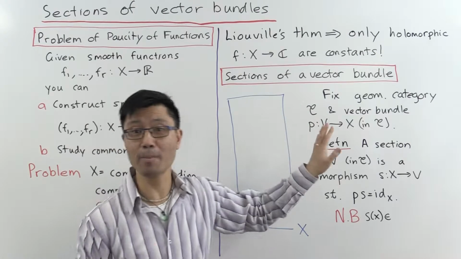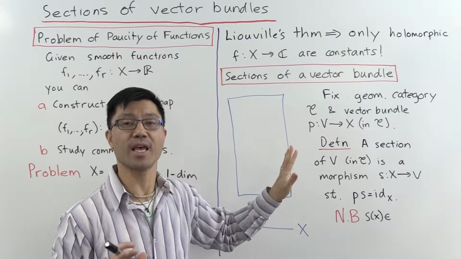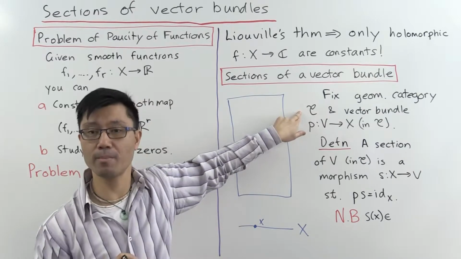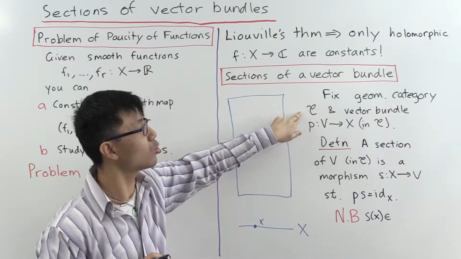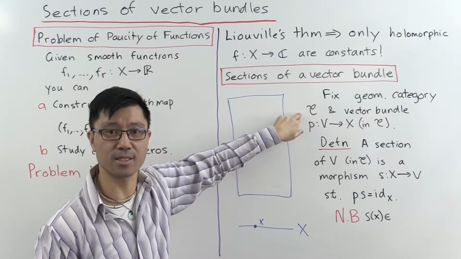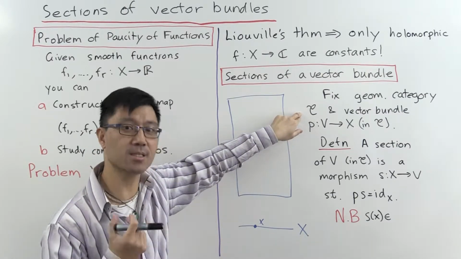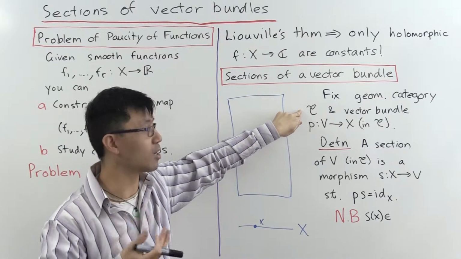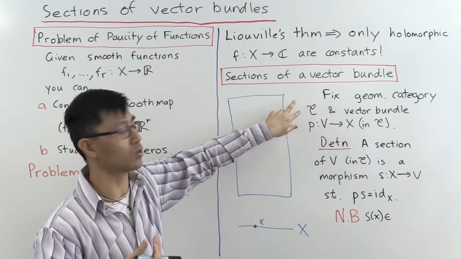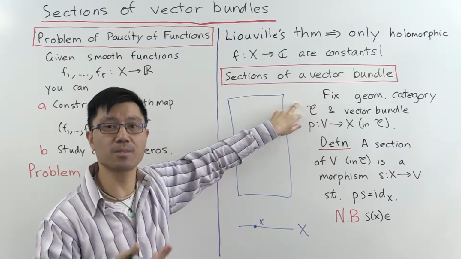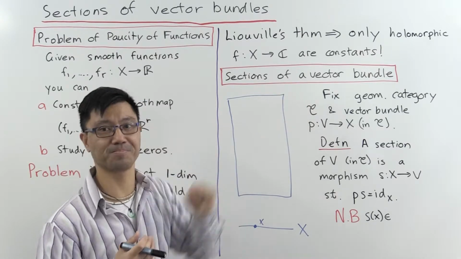So remember, when you talk about vector bundles, you can do this in lots of different contexts, and it depends on the geometric category. The usual ones you look at are the geometric category C being either the category of topological spaces, or smooth manifolds, or complex manifolds. There are also versions for algebraic varieties and also for schemes, but that's a little bit more complicated.